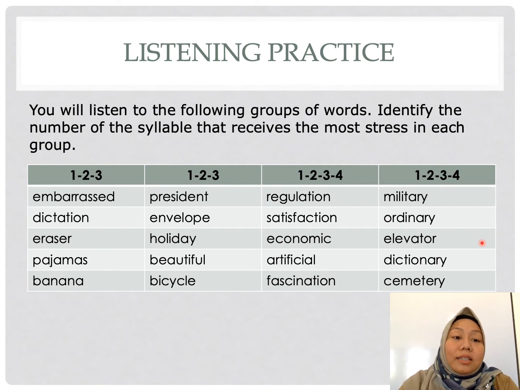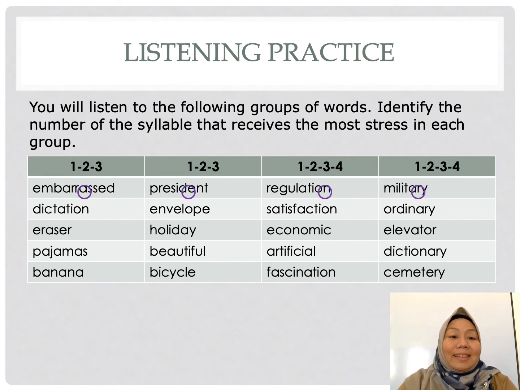Did you find all the stress? Where the stress is located in these words? Let's take a look at the answers. For the first row, the stress is in the second syllable. Embarrassed, dictation, eraser, pajamas, and banana. For the second row, the stress is on the first syllable.